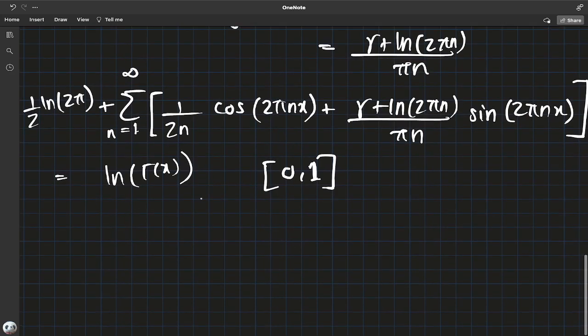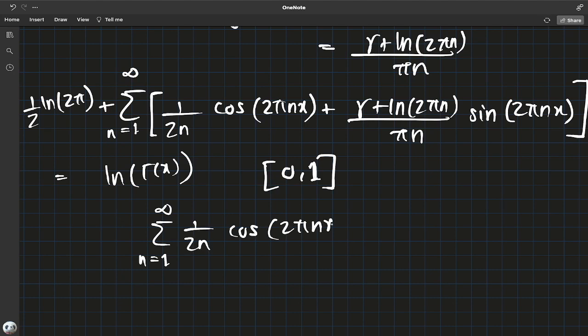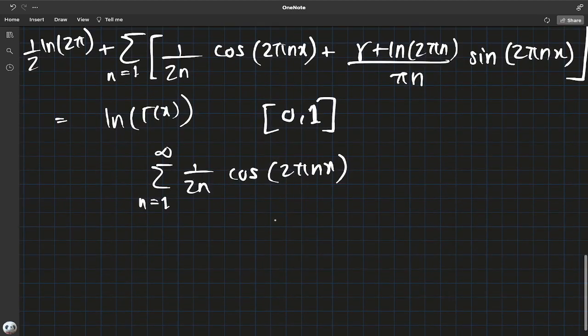The only thing that's not a sine is this cosine, the sum from n equals 1 to infinity of 1 over 2n cosine of 2 pi n x. Surprisingly, a simplification does exist. You can use Euler's formula here.